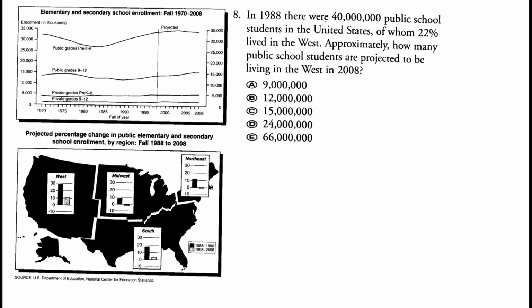Now in 1988, there were 40 million public school students in the United States, of whom 22% lived in the West. So 40 million into 0.22 gives you the number of public school students in the Western United States.